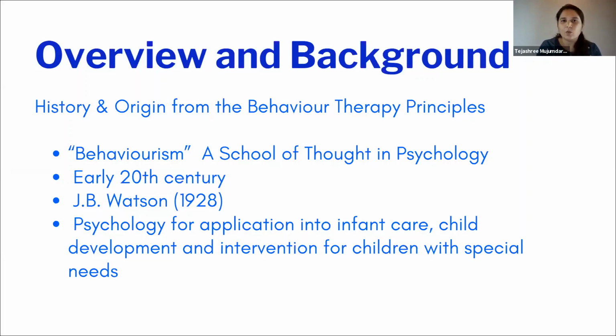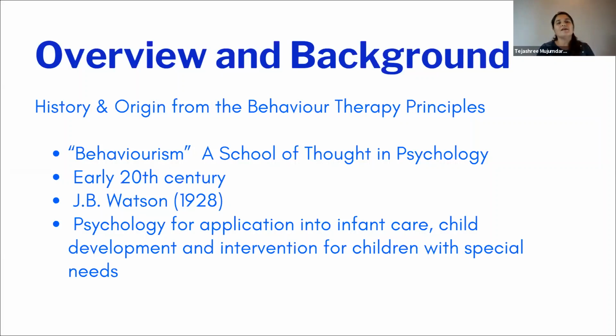They designed a series of experiments, mainly on animals, to get an idea of how they learn in particular situations, and how it can be applied to our day-to-day life, our learning.